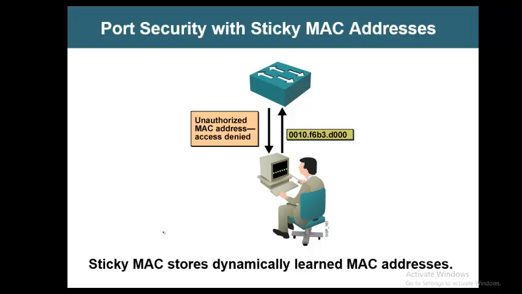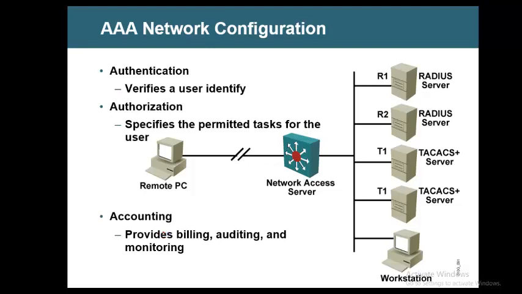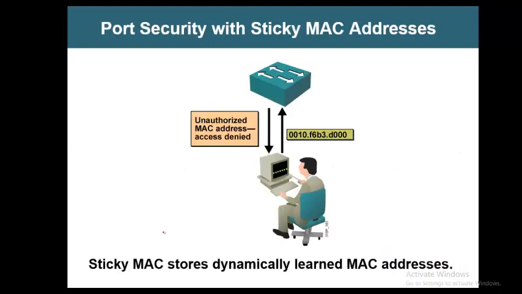So when you shut down the switch, the MAC address that you want to allow will still be there. Even when you reload, the MAC address will still be there, and it will be checked against the packet that enters even after the reload. We call it a sticky.